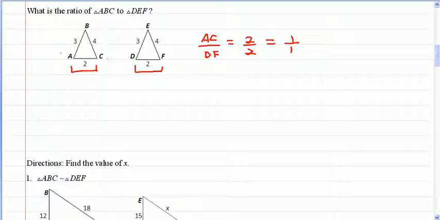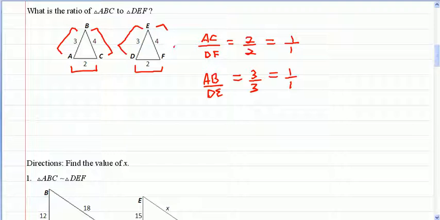Or if I took side AB and wrote a fraction and compared it to DE, I would get 3 out of 3, which also reduces to 1 over 1. And I could have also taken BC to EF. So in all of these ratios, they all reduce to 1 over 1. So the ratio is 1 to 1.